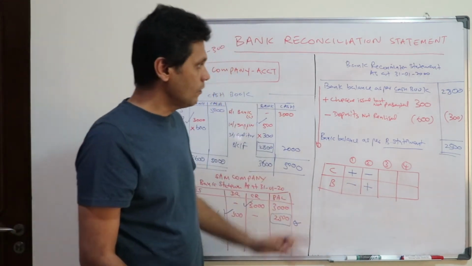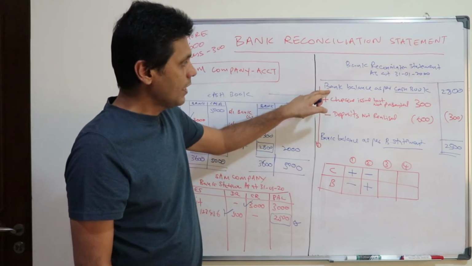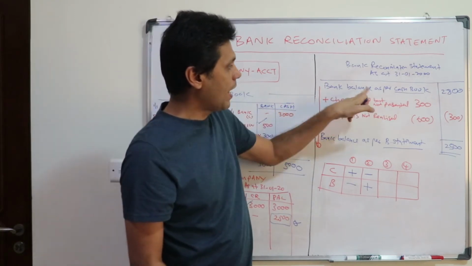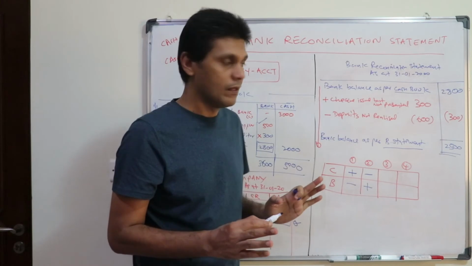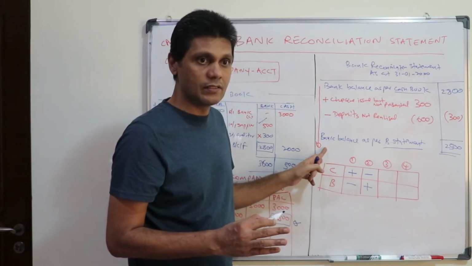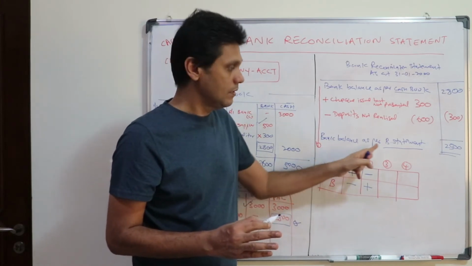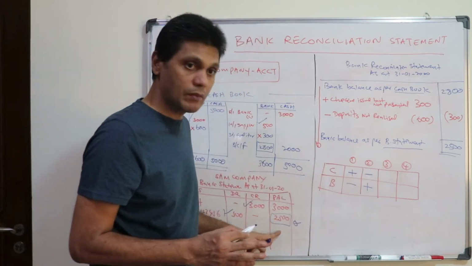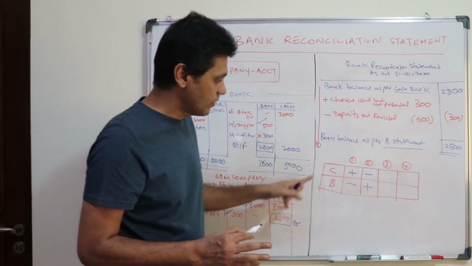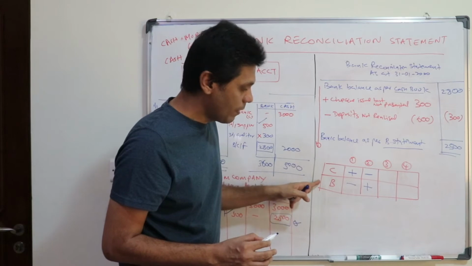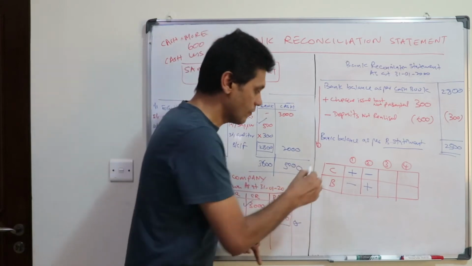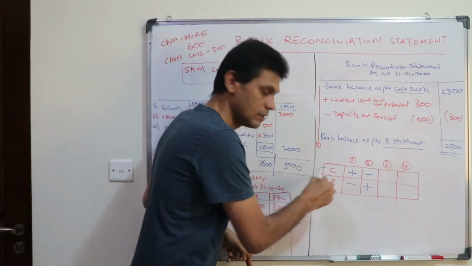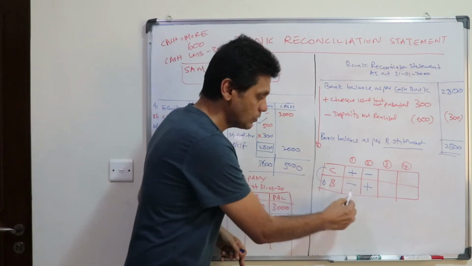Now we started with balance as per cash book. We have to arrive at what? Balance as per bank statement. So from cash book to bank statement, you need to arrive from this to this. So therefore, you should select this.